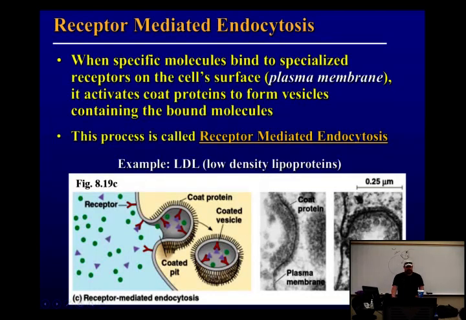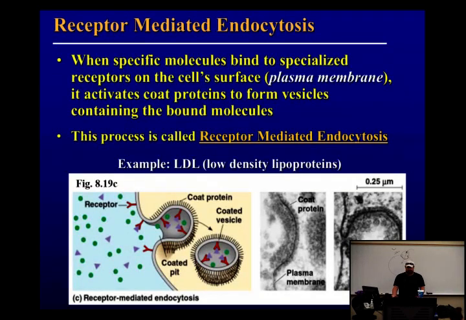And so an example of this would be how a white blood cell would ingest low density lipoprotein, or LDL. So on the test I might ask you, give me an example of receptor-mediated endocytosis. What would that be? So this would be macrophages ingesting LDL.